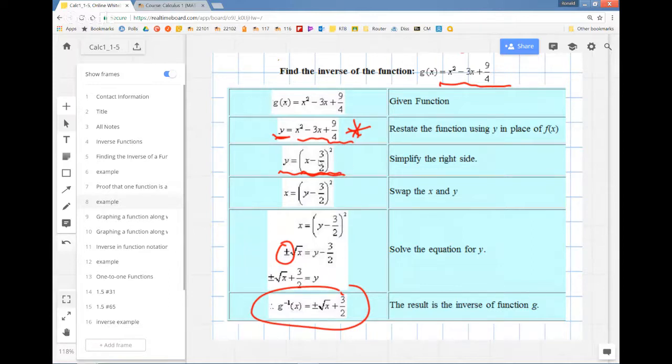Well, before we swap, this turns out to be a perfect square trinomial. That is, if you multiply x minus 3/2 times x minus 3/2, you get x squared minus 3x plus 9/4. So it is x minus 3/2 squared. Now swap the x and the y, and now solve for the new y.